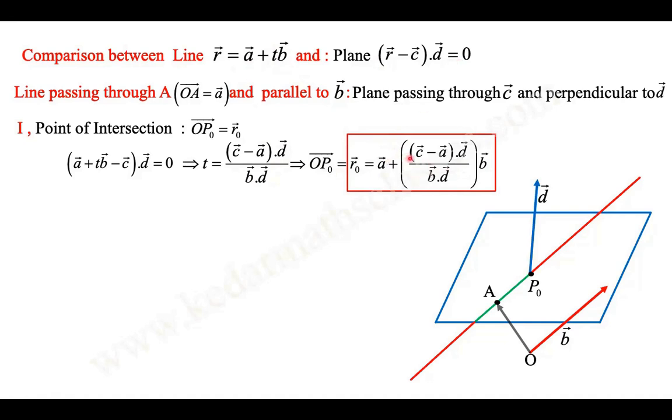Means this is exactly the point of intersection of this line and this plane. That is exactly the P naught position vector. So this is exactly the position vector of the point of intersection.